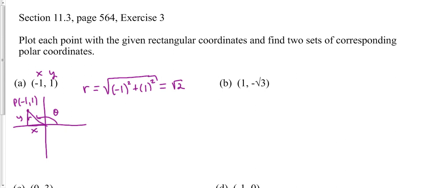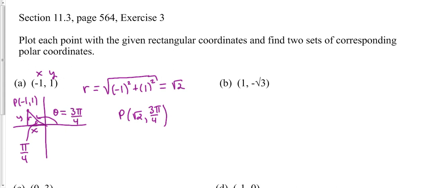And we notice that the x and y components have equal magnitudes, which means that this reference angle over here has to be 45 degrees, or pi over 4, and that's going to tell us that theta is going to be 3 pi over 4. So one of our new polar coordinates can be radical 2, 3 pi over 4.